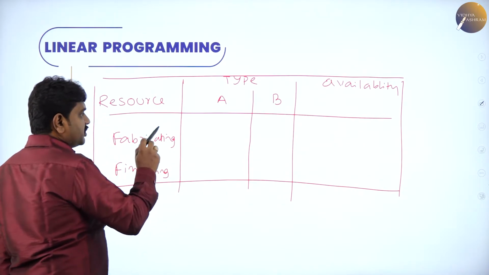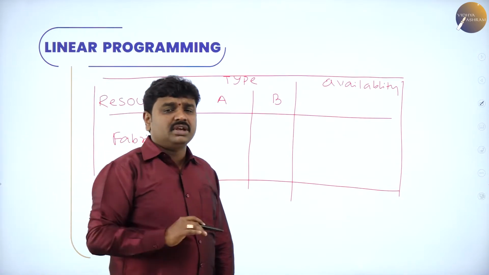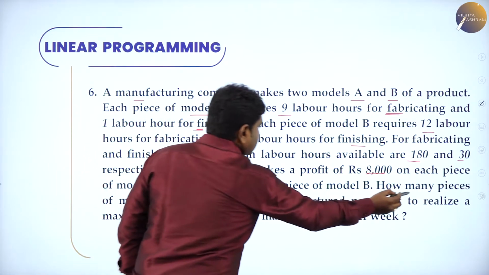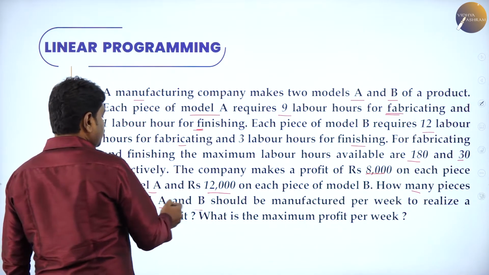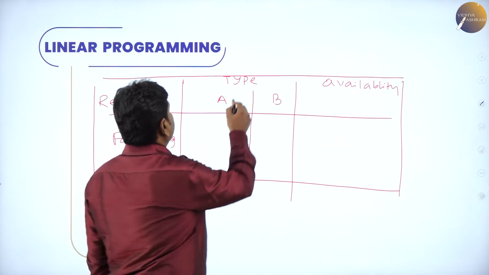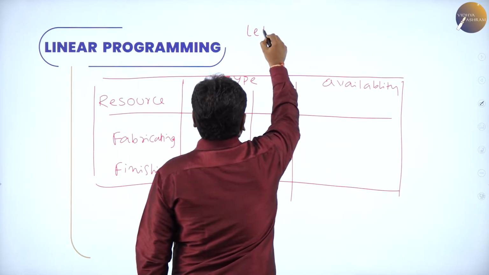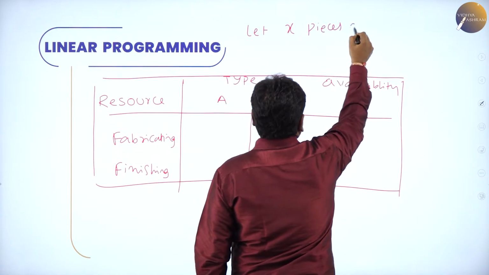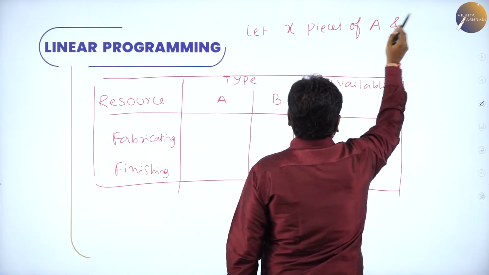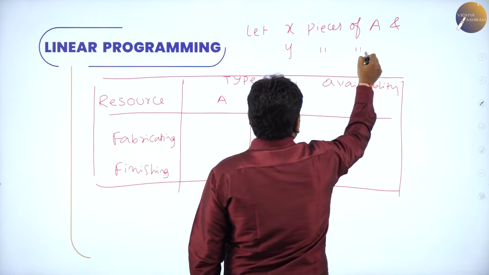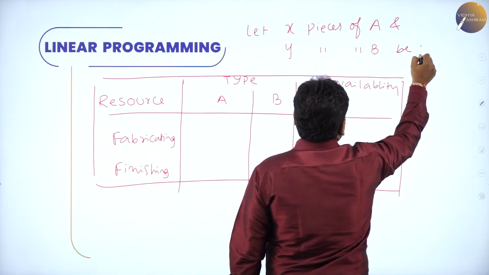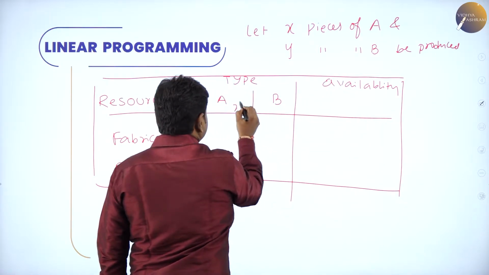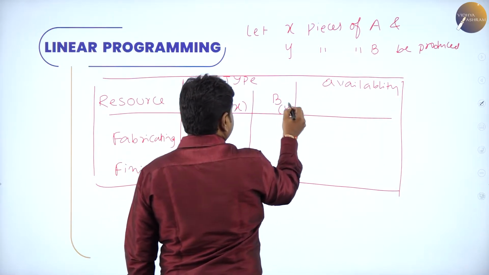So now first, how many units of A and B are required to be produced? They are asking how many pieces of A and B should be produced is the question. So in the beginning we'll assume let X pieces of A and Y pieces of B be produced. This is our assumption. So I'm producing A X pieces, B Y pieces.